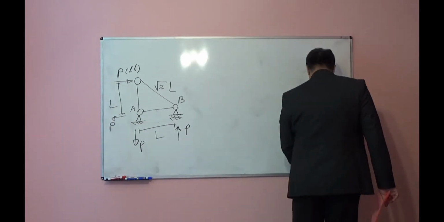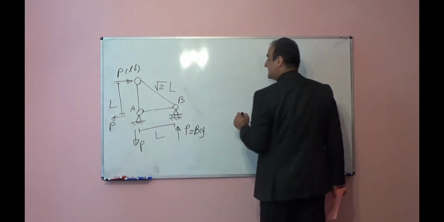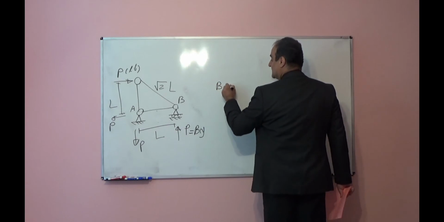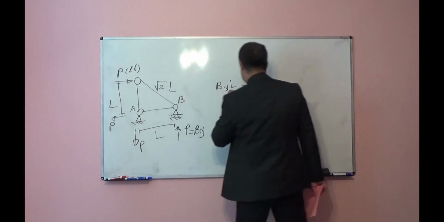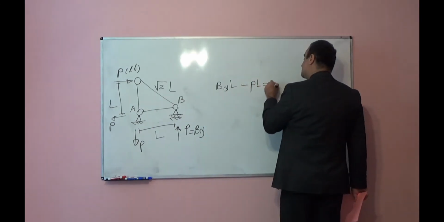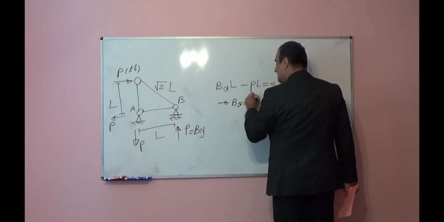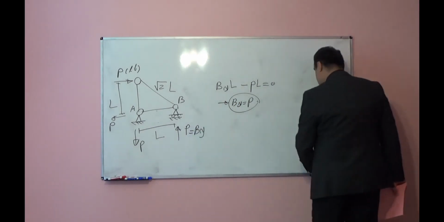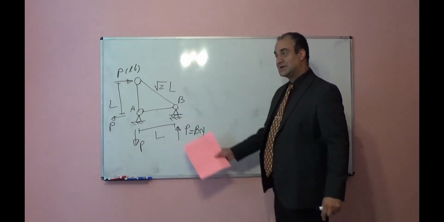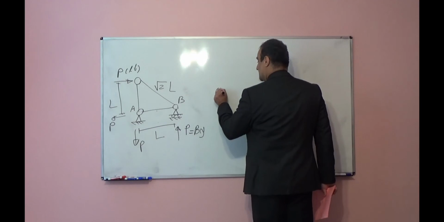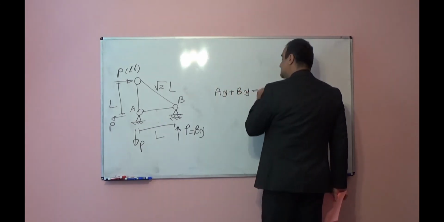Or if I want to find, for example, BY, I can take moment with respect to A, so BY times L minus P times L is equal to 0. From here, BY will be equal to P, and it is upward. If I want to find AY, summation of forces in the vertical direction equals 0, so AY plus BY is equal to 0.